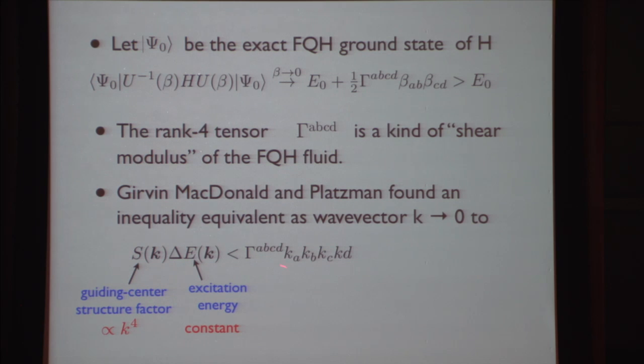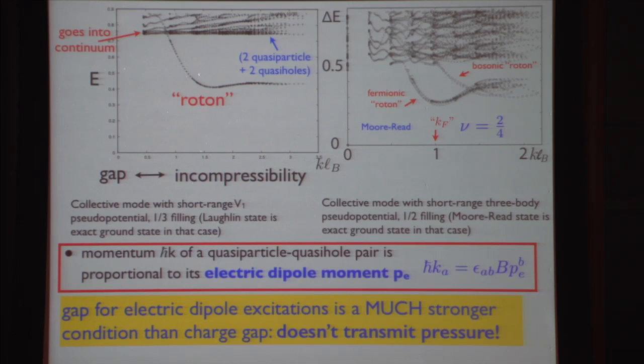So this still goes like k to the 4th. The energy gap goes like, I think, k to the 3 halves, and the structure factor goes like k to the 5 halves. So this relation is a kind of harmonic relation: it satisfies an equality in a harmonic system, I'll put it that way, and an inequality more generally.